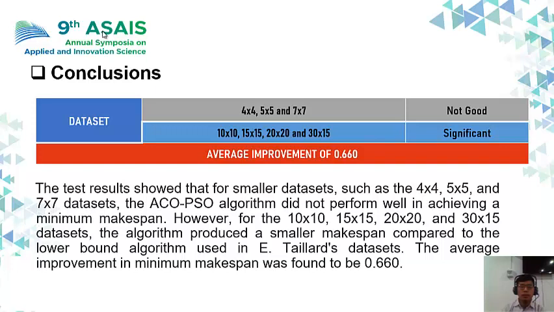The dataset processed is taken from a Taillard benchmark for job shop scheduling problem. The research results for datasets of size 10 jobs 10 machines, 15 jobs 15 machines, 20 jobs 20 machines, and then 30 jobs 50 machines show a reduced makespan compared to the lower bound. The algorithm uses a Taillard dataset with an average makespan improvement of 0.660.